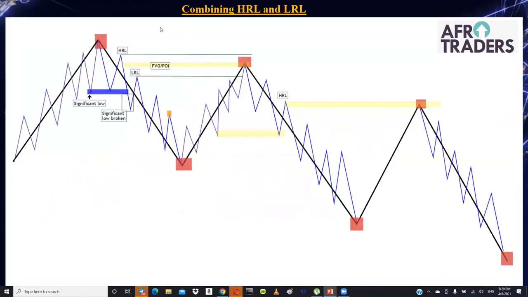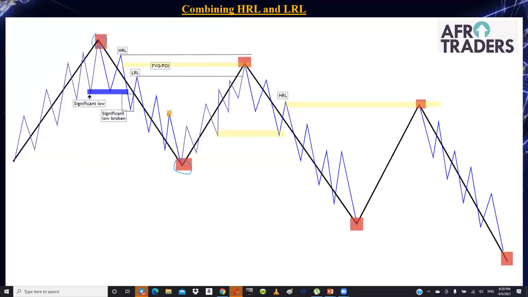Okay, so now the combination. This is still the same chart that we saw, right? We have the main swing. These are our first range, from here to here. And between the range, we have swings. The first swings are internal liquidity.